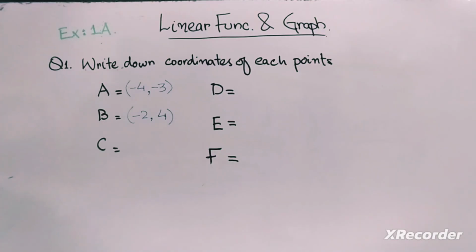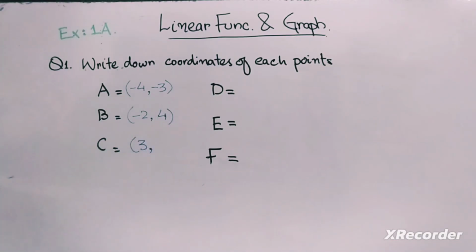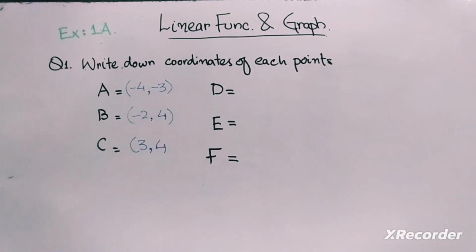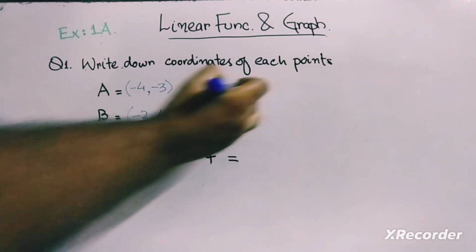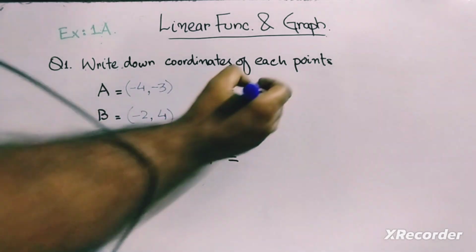For point C, we write the x-coordinate, that is 3, then for the y-coordinate it is 4. Okay, now for D, the x-coordinate is 4 and the y-coordinate is 2.